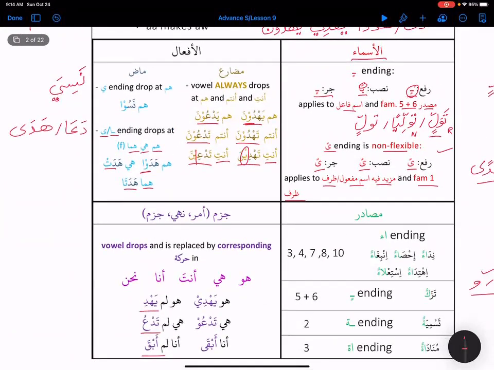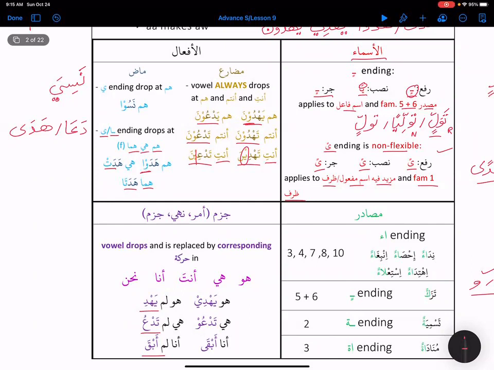Then amr, nahi and majzoom. When we are making fil mudariya majzoom, then what is going to happen? The vowel drops, and it is replaced by the corresponding haraka, meaning if it is u sound, then it will take waw. If it is e sound, it will take ya, and so on, right? So this is how they are going to correspond.